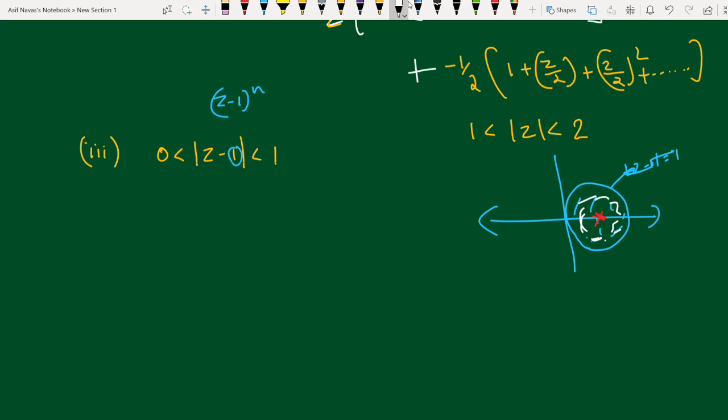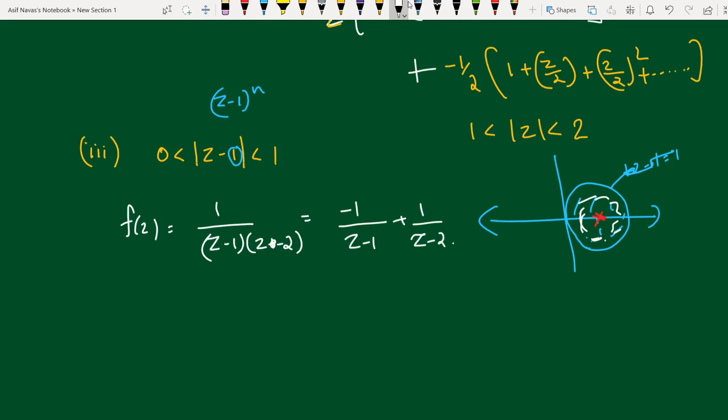So our f of z is equal to 1 by z minus 1 into z minus 2. This is minus 1 by z minus 1 plus 1 by z minus 2. So we want the expansion in the form z minus 1. Listen here. This term is already in z minus 1 form, right?